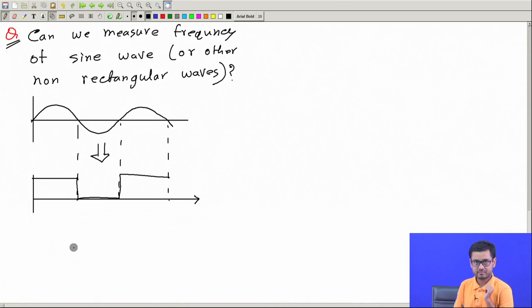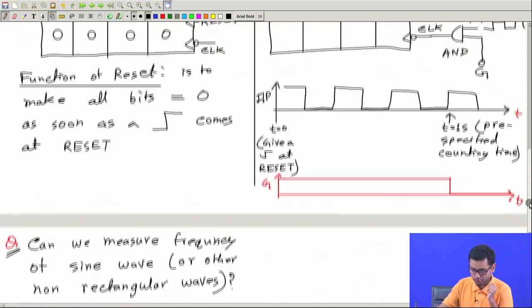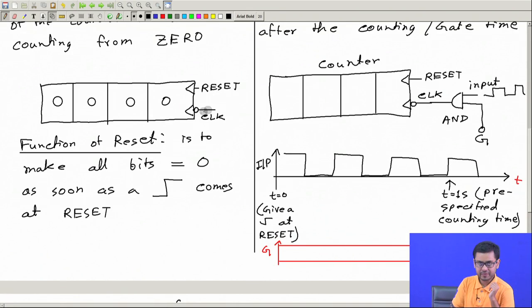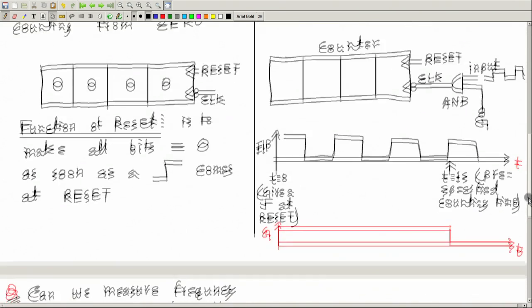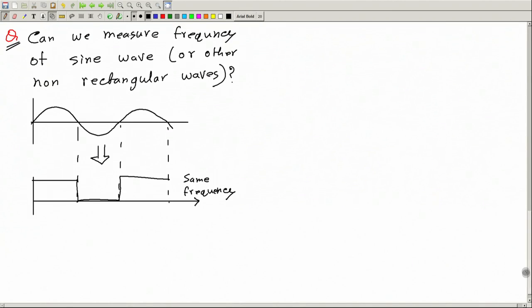This is of the same frequency, this is important. Now, we can give this square wave to the clock input of our counter, and it will count the number of edges and that will give us the frequency, right.